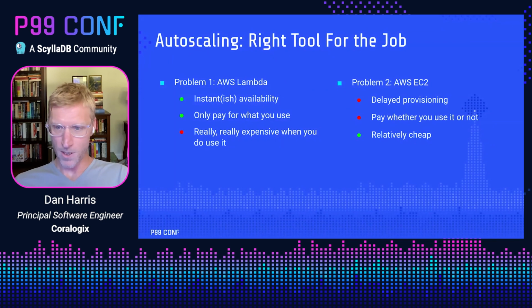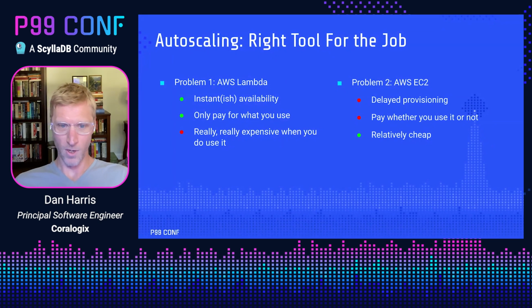This is nice because it gives us instant-ish availability, right? That capacity is there at all times, and you don't need to provision new infrastructure to use it. And you only pay for it when you use it, right? So you're not paying anything to have that capacity around. You're only paying for it if you actually need it.